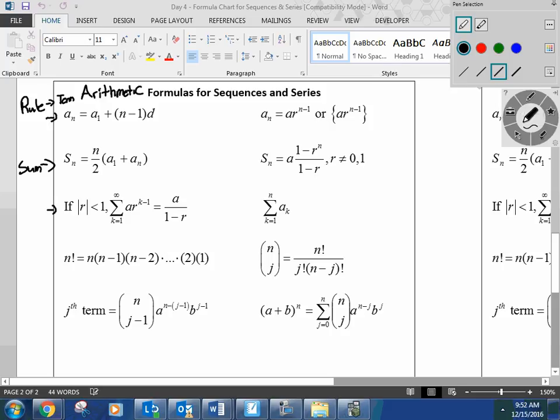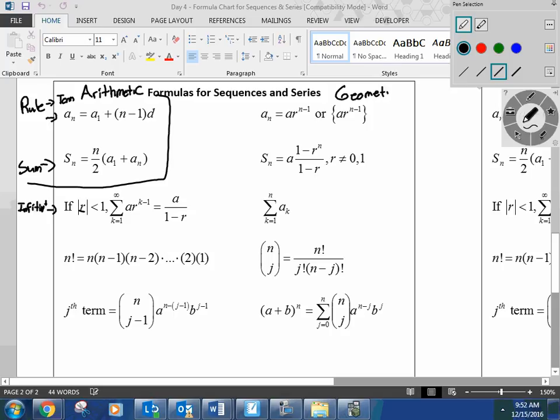This is for infinite sums. And this is only for geometric. See how there's R? So this one does fall a little bit into geometric. These are for arithmetic, these two. Now geometric is over here.